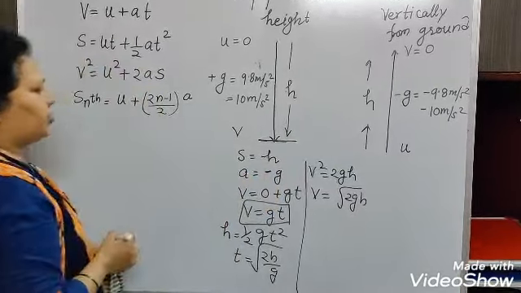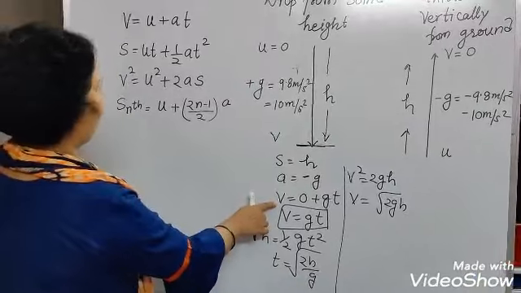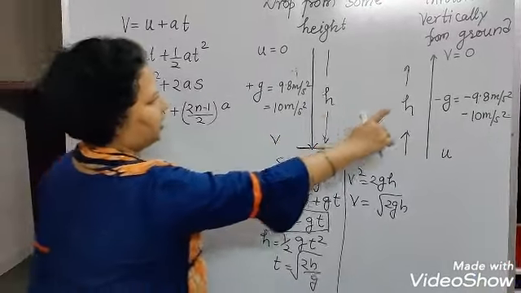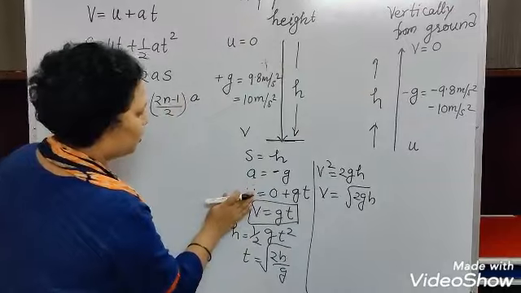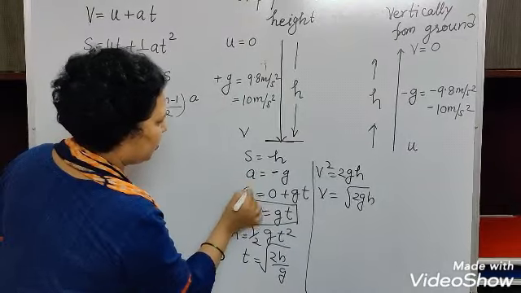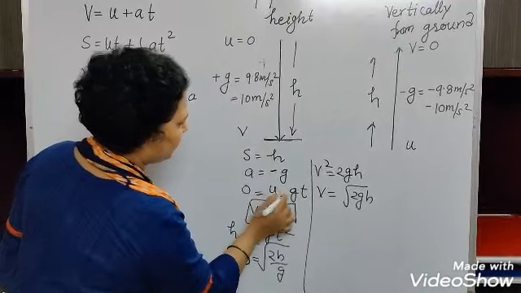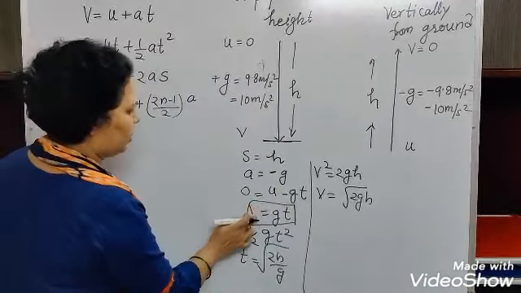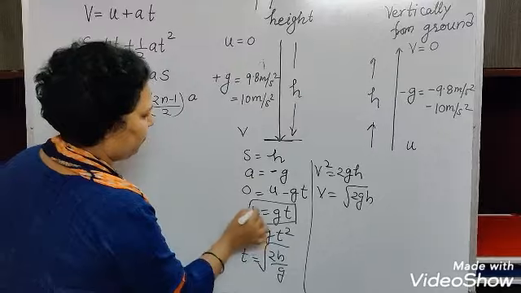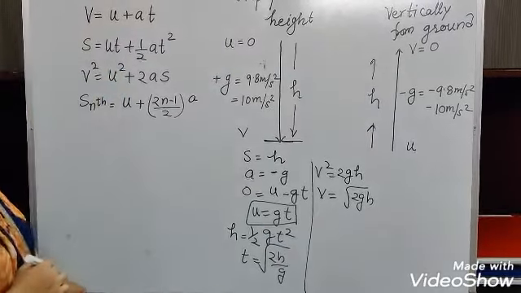Okay, so in the first equation, the final velocity is 0. So this will become 0 and this will become u. This is minus gt. So in place of v, we will get simply u equal to gt.